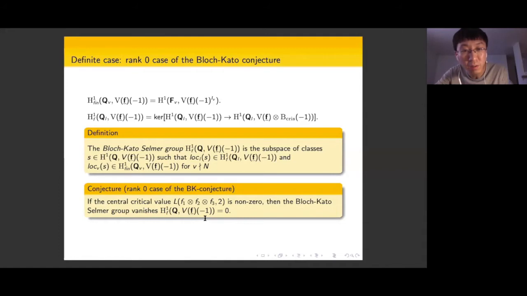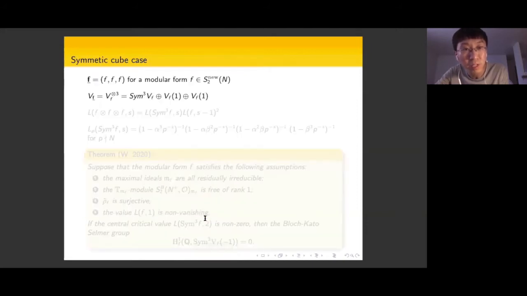Actually, I cannot quite prove this conjecture in this generality, and I will discuss why. But I can prove a special case or a related case. This is the case when this triple F degenerates, namely the triple F consists of a single modular form F. And in this case, if you look at the triple tensor product Galois representation, this factors into the symmetric cube component and the direct sum of the Galois representation of F itself twisted by 1.